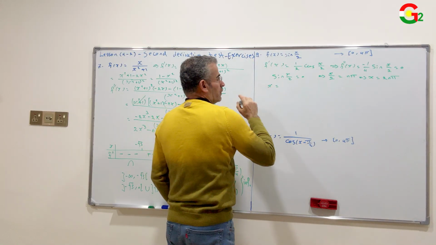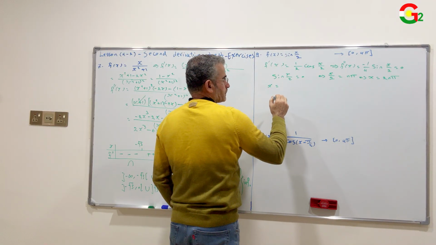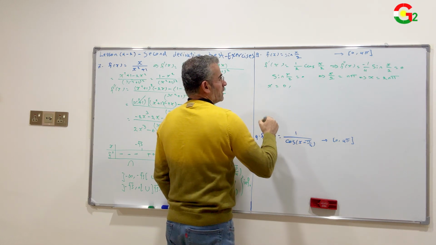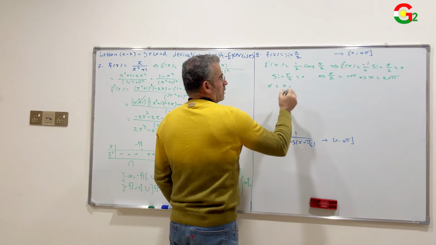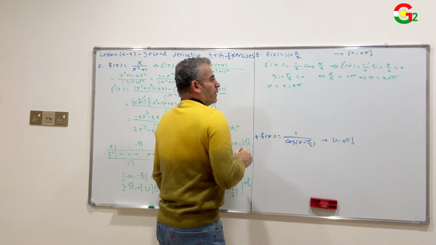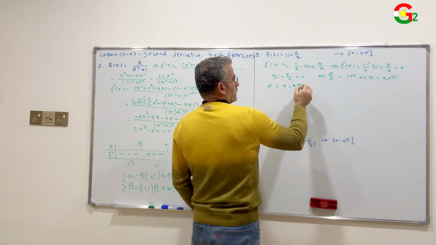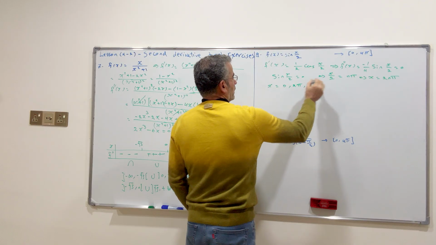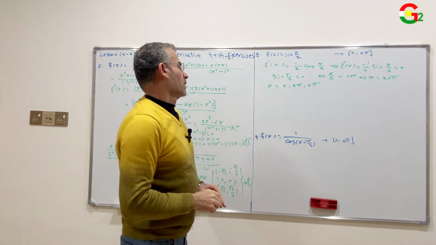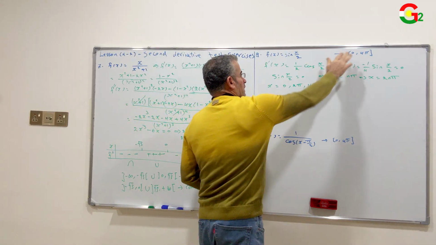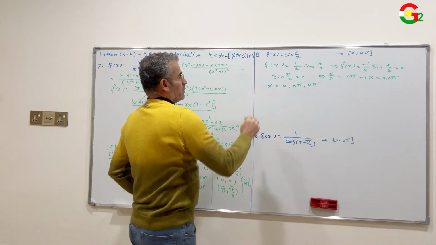Then when n is 0, x is 0. When n is 1, x equal 2 pi. When n is 2, x equal 4 pi. These are the critical values in this interval, 0 to 4 pi closed interval.